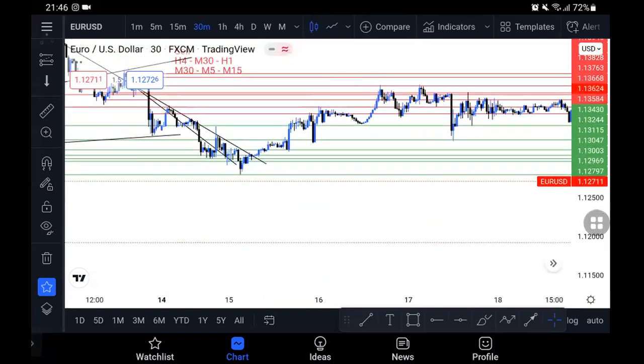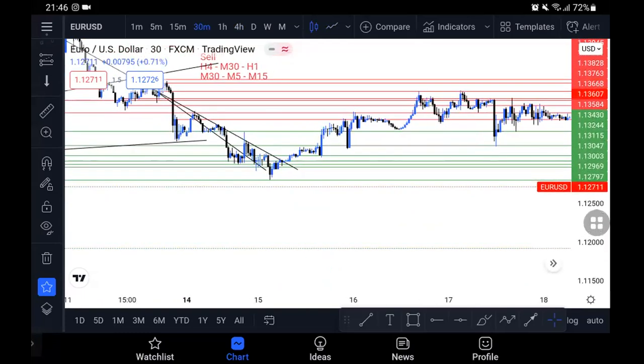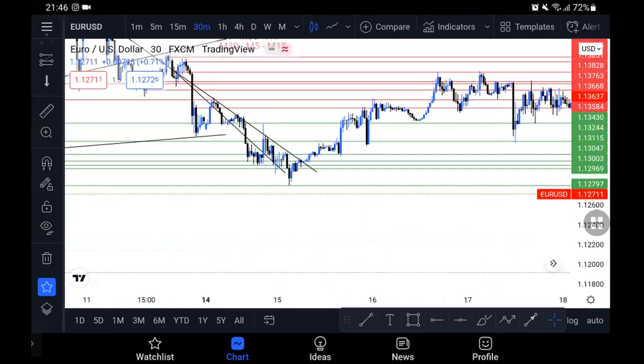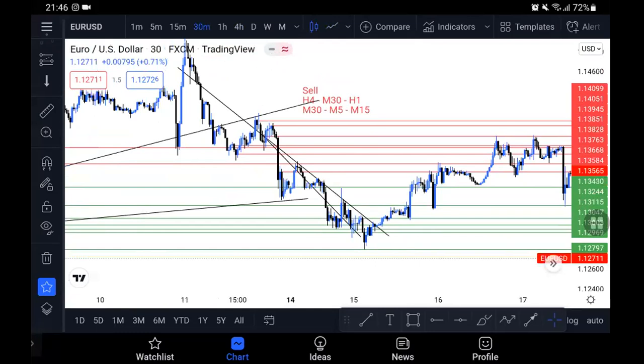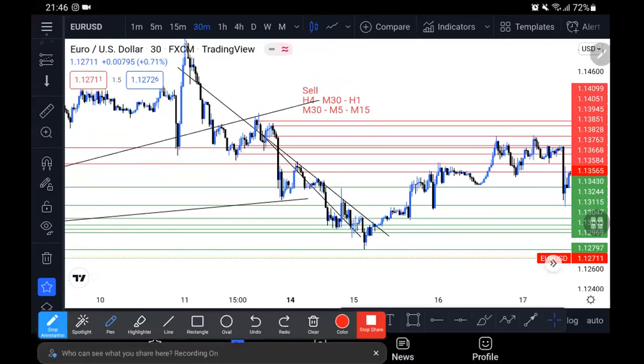So we can see this on the lower time frame. It's like this, the sell trend line for sell in H4.